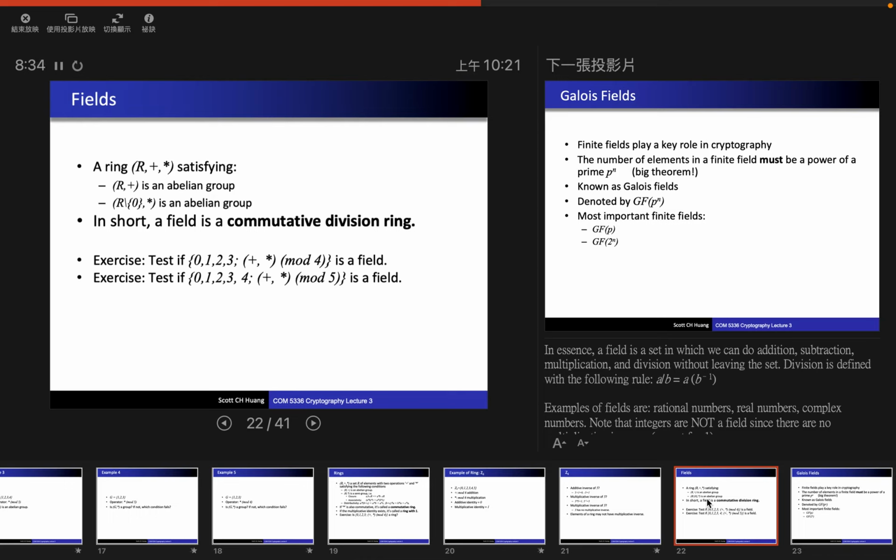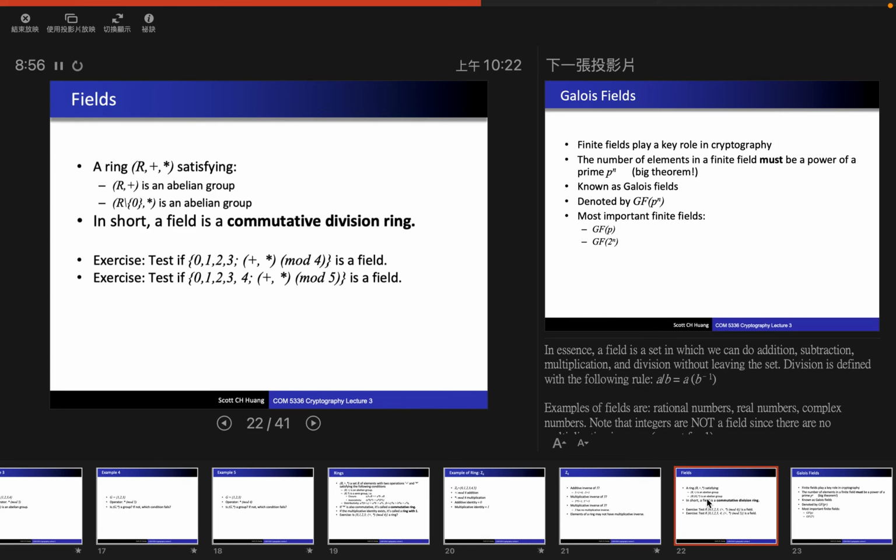The number 4 can be factorized as 2 times 2. So if it's not prime and you mod by that number, it's not a field. The converse is true: if it is prime, then when you do similar things mod that number, it's a field.